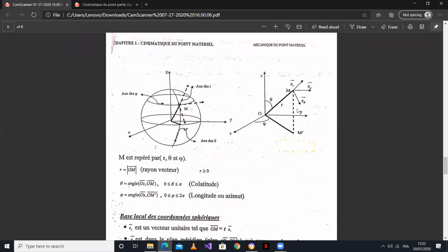That means it's going in the direction like Z. In the PC, it's going in the PC. You've seen ER and E theta are oriented horizontal to the surface of the screen. You see in my PC, the screen, I have drawn ER and E theta on its surface.